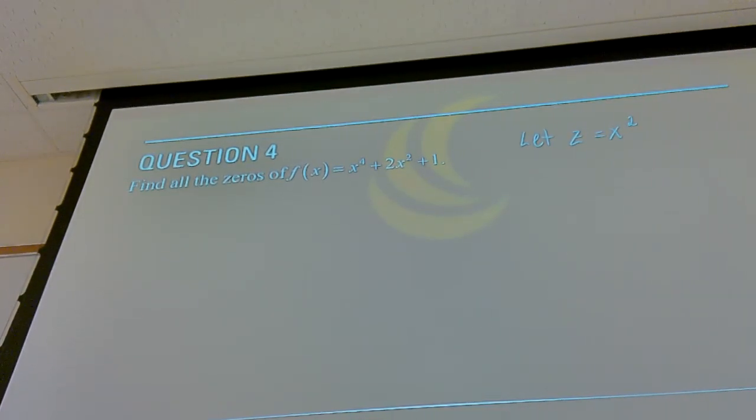Replace x squared with z. With that variable, x to the fourth becomes what?